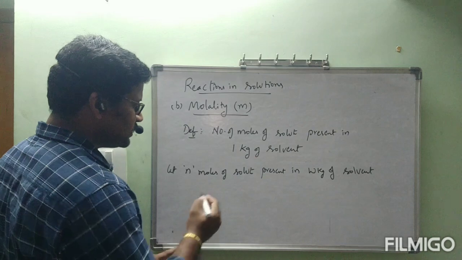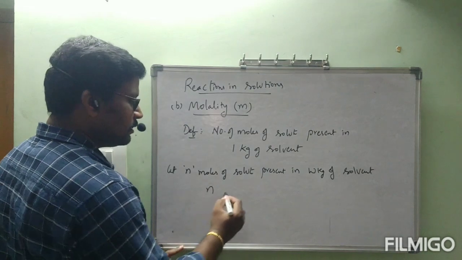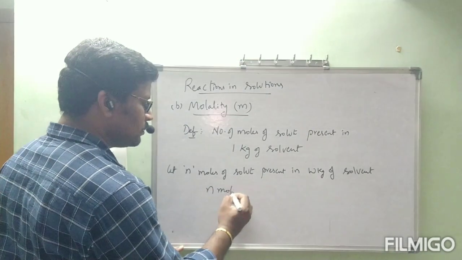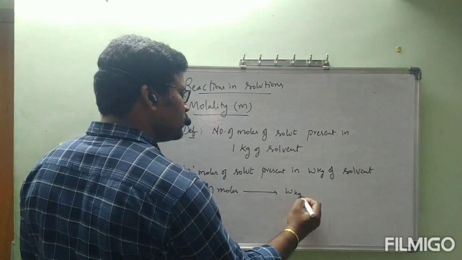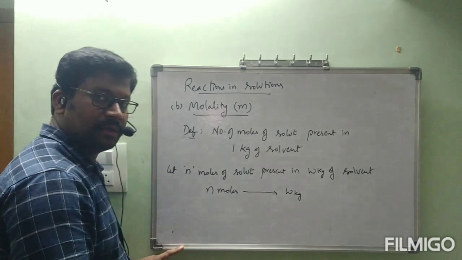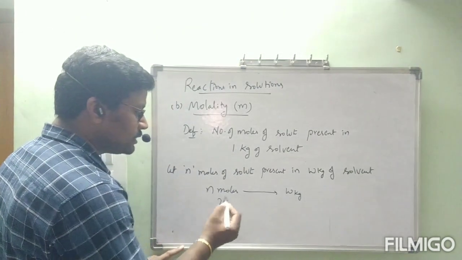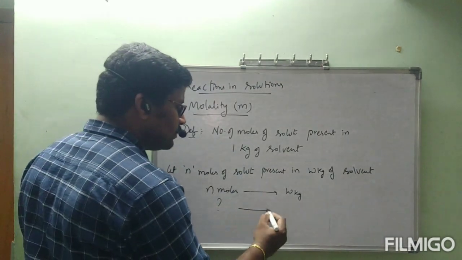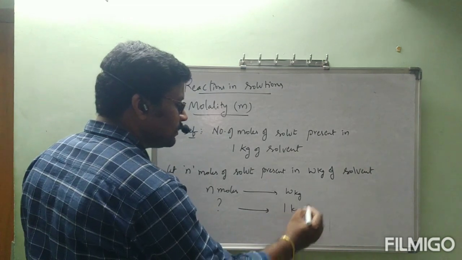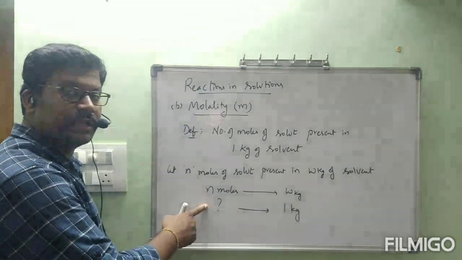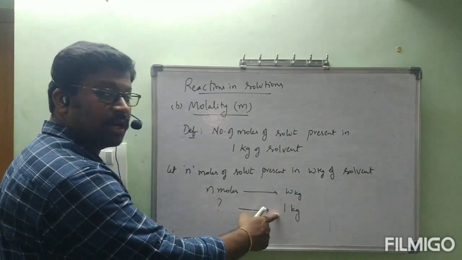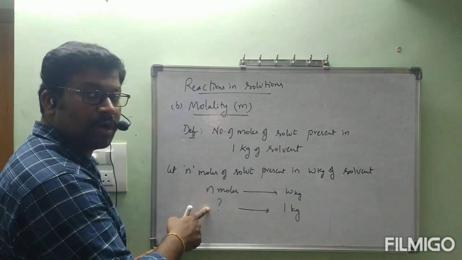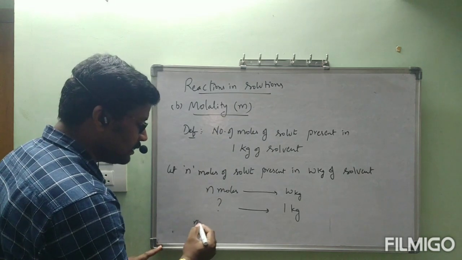Now, what is our definition? See, number of moles, n moles, present in W kilograms of solvent. How many moles will be present in 1 kilogram of solvent? This is only called molality. How many moles of solute are present in 1 kilogram of solvent? This is called molality.